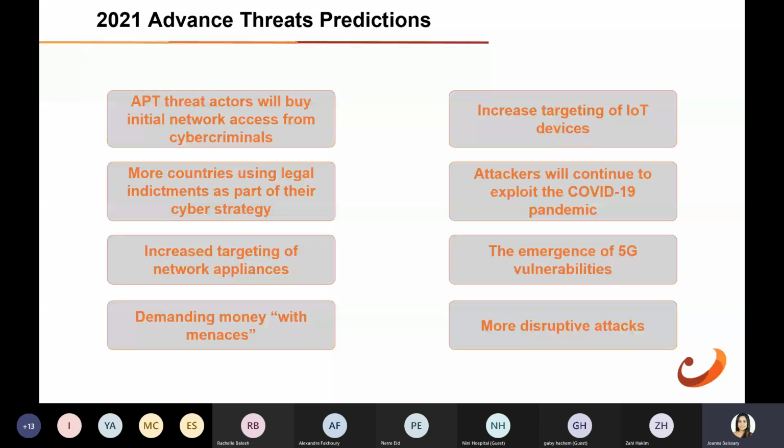2021 predictions. APT threat actors will buy initial network access from cybercriminals. More countries will use legal indictments as part of their cyber strategy. Increased targeting of network appliances: actors will focus more on exploiting vulnerabilities in network appliances such as VPN gateways.